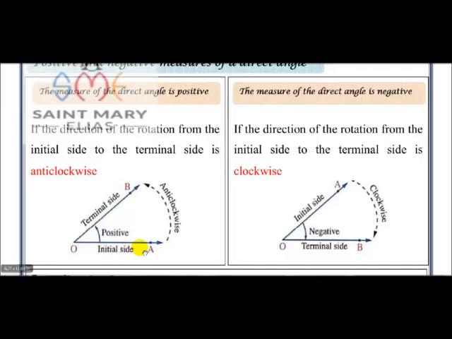My angle rotates in the anti-clockwise direction, okay? Then the measure of my directed angle is positive. If the direction of rotation from the initial side to the terminal side is anti-clockwise, then the measure of the directed angle is positive.